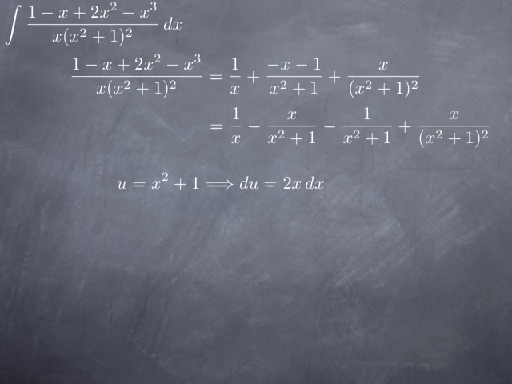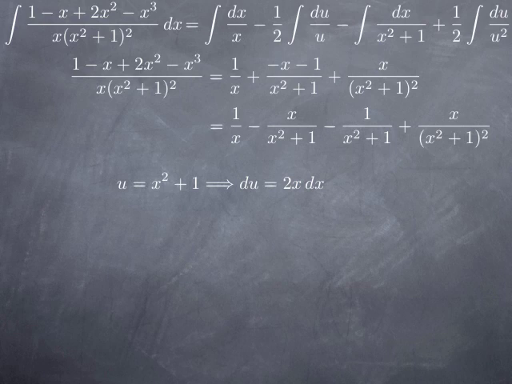So in that case, du is 2x dx, so we're going to replace x dx by 1/2 du, and so we obtain the integral of dx over x corresponding to the first fraction. Then we have minus 1/2 of the integral of du over u, minus dx over (x² + 1), plus 1/2 integral of du over u².